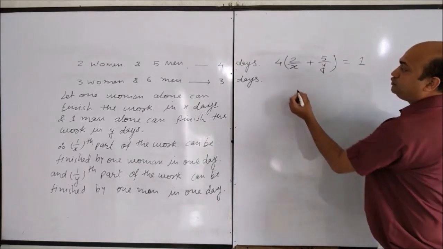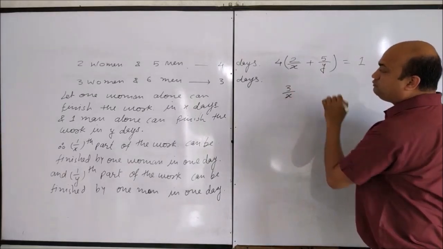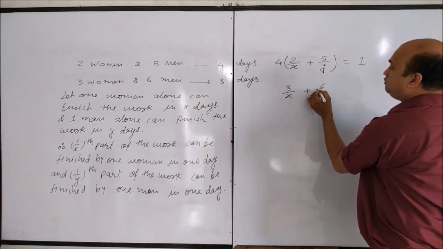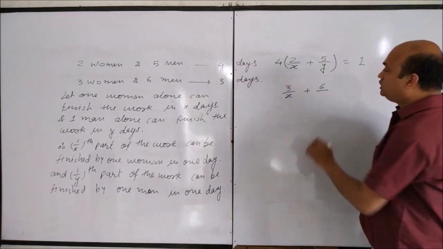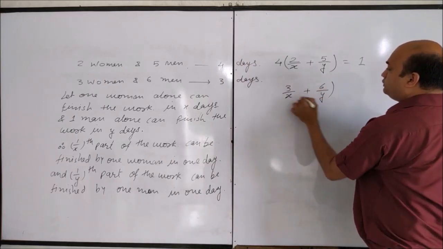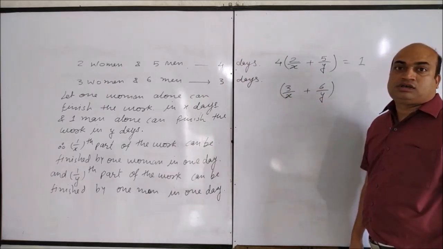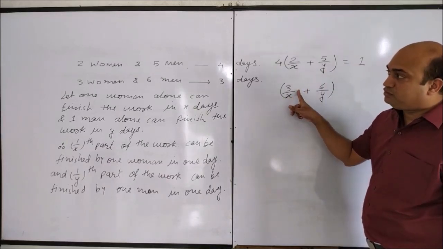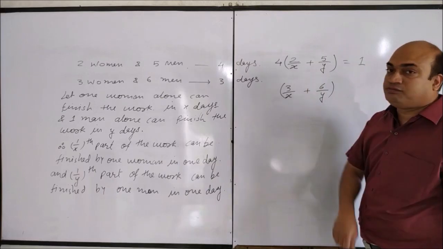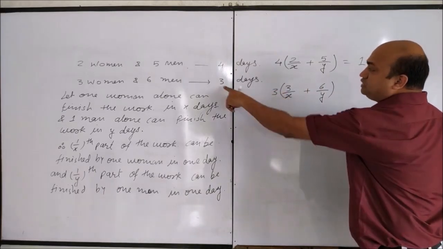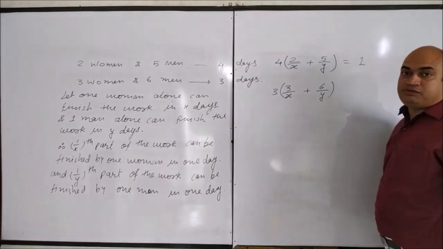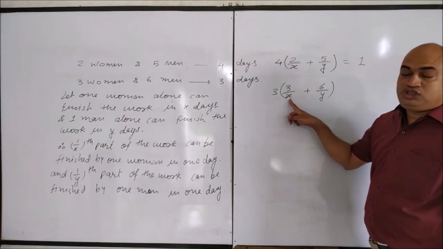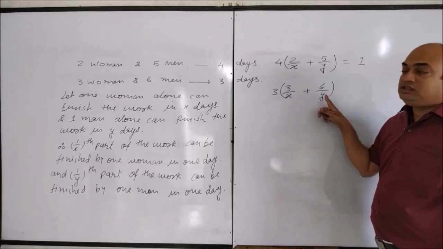In the same way, 3 women can finish 3 by x part of the work and 6 men can finish 6 by yth part of the work. This is the work can be finished by 3 women and 6 men in 1 day. Multiplied by 3, this is the part of the work finished by 3 women and 6 men in 3 days.